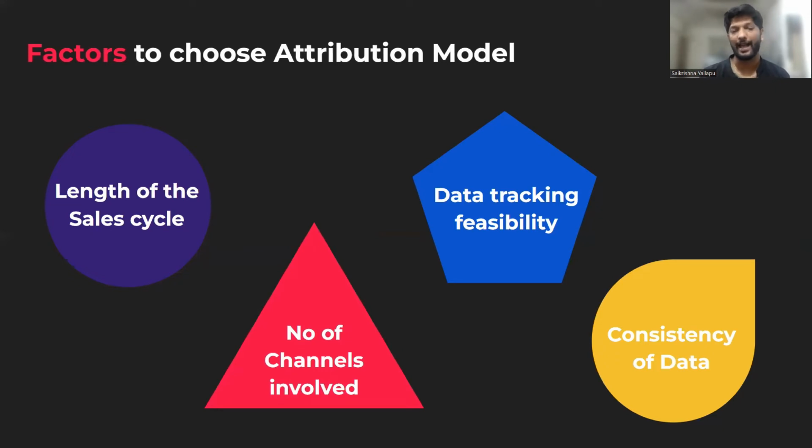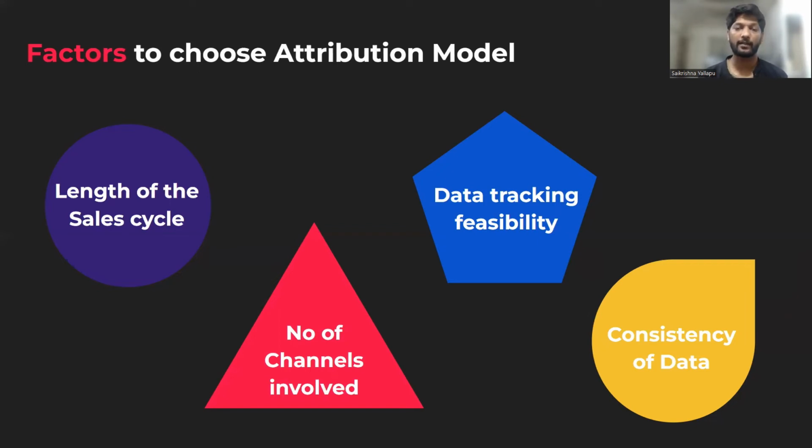have to be complicated. As the length of the sales cycle increases, the attribution model complications increase. And as the length and the number of channels involved increase, it becomes really difficult for us to evaluate each and every touch point in terms of priority and what they are contributing in the conversion. And the data tracking feasibility is also one of the important points when we choose a promotion channel.